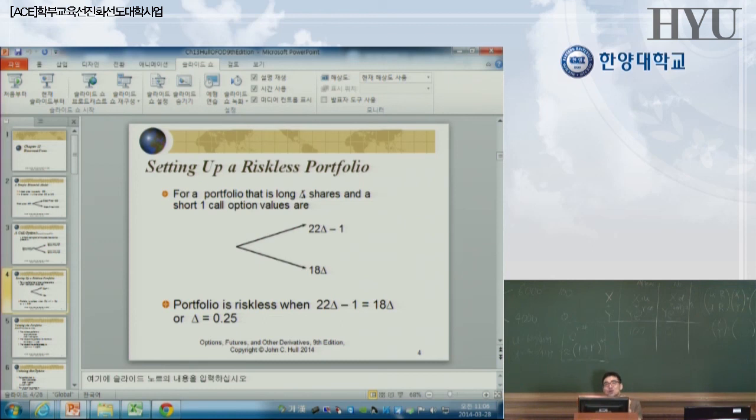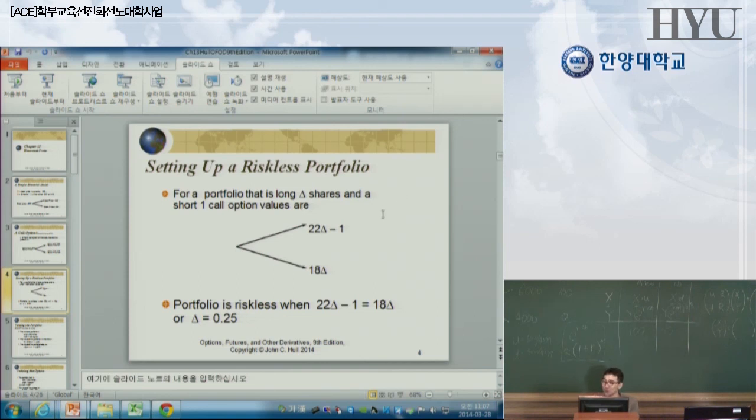Anyway, mathematically equivalent. For the portfolio, they buy delta shares and sell one call option. Because they sold this option, in the good scenario I have to pay $1, and otherwise I pay nothing. And then I invest delta amount in stock.